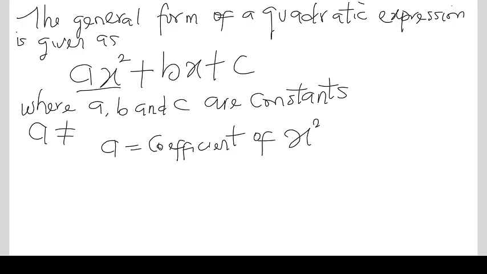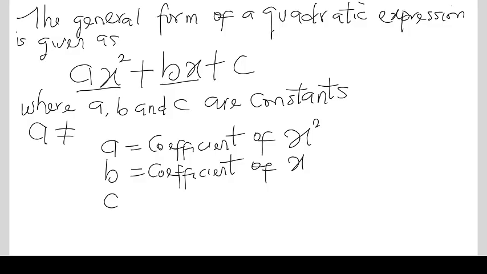So which means the coefficient of x will be what? Will be b. So where b is the coefficient of x, and c is the constant term. That is the term that is standing alone, the number that does not have a variable.